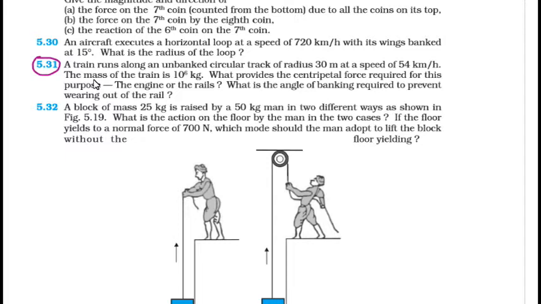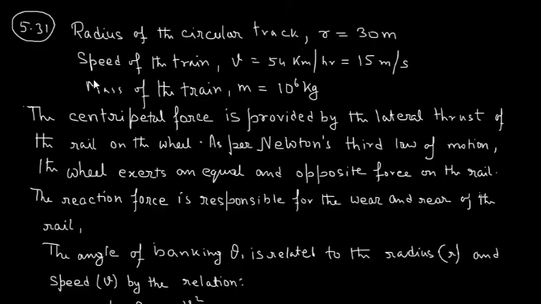Now let us see the solution. So here the radius of the circular track is r is equal to 30 meter. Now speed of the train v is equal to 54 kilometer per hour, which is equal to 15 meter per second.